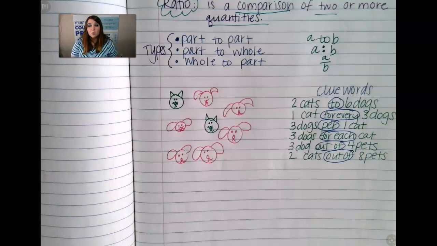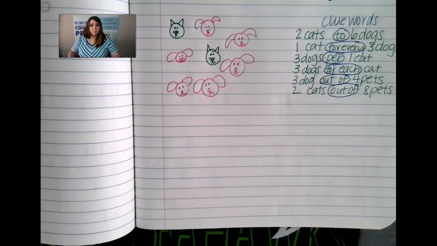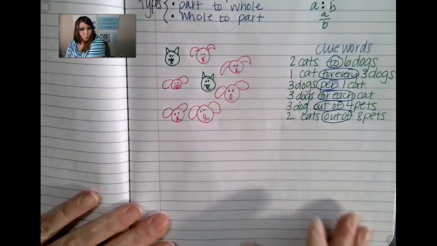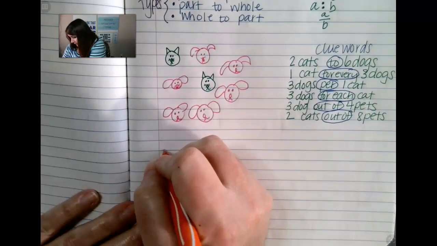Now we're going to do some work with how you actually write them so that you can see the comparison. Okay, so let's do an example. We're going to draw the next things that we need for our ratios. We're going to draw 6 pennies.